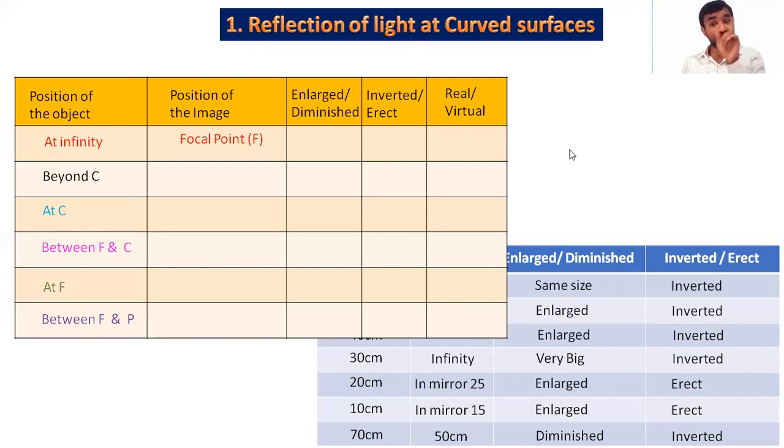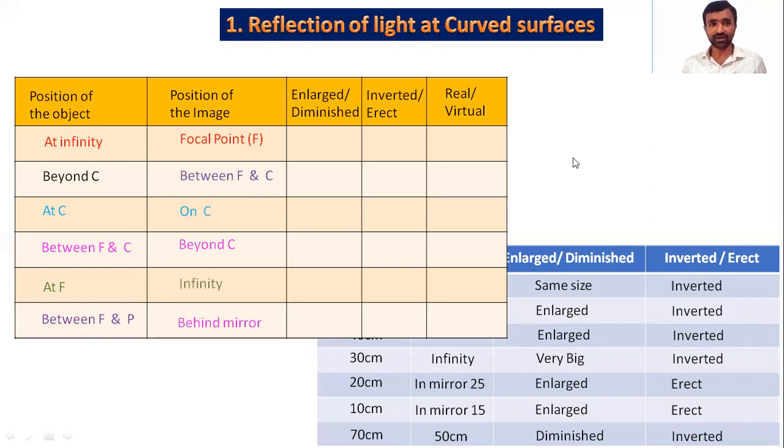We observed activity 2. Object used as sun. Sun is the object and the image is formed on the screen as a point image, a bright spot, right? Object position is infinity, very far. Image position is decided as focus.